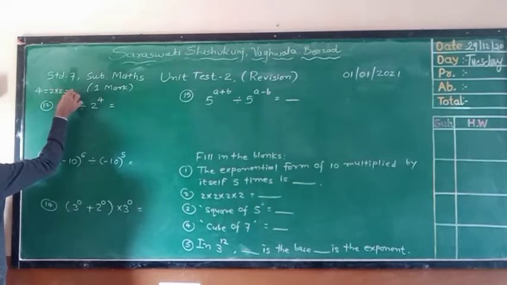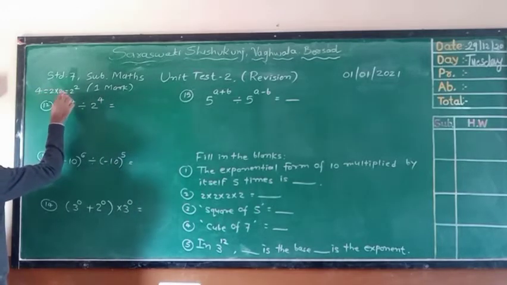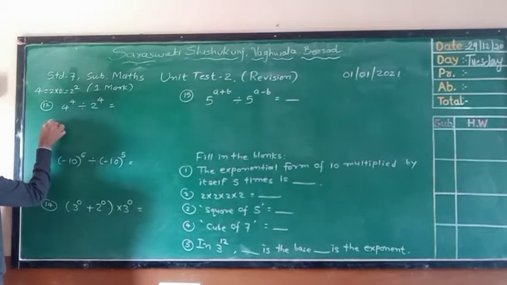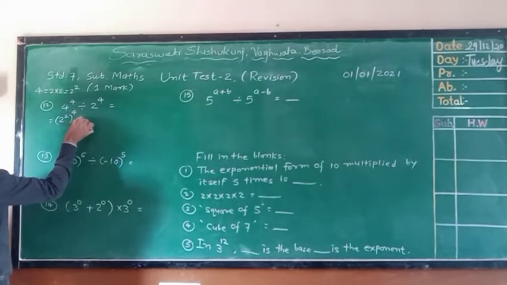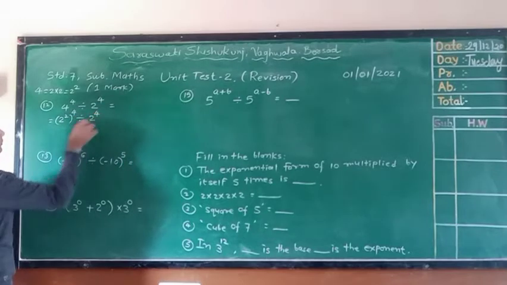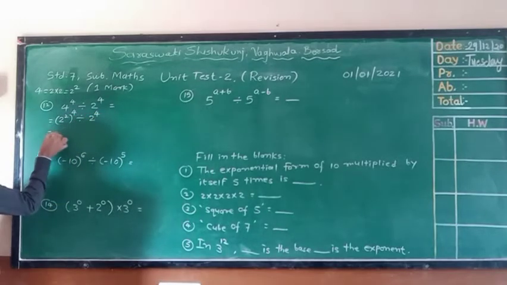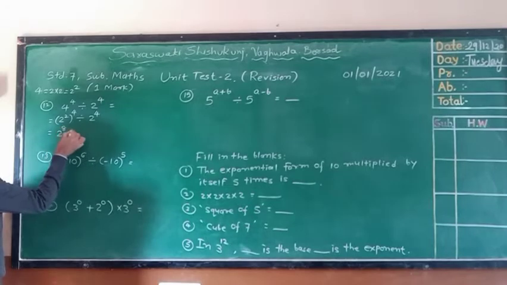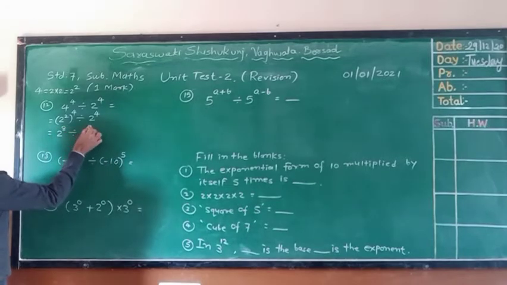So we can write 2 square. So in place of 4, I can write 2 square. So (2 square) to the power 4 divided by 2 raised to 4. Clear? 4 twos are 8, divided by 2 raised to 4.